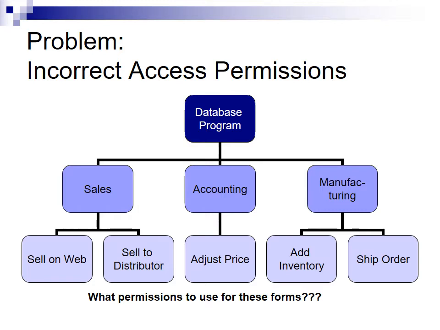So the problem of incorrect access permissions. We have a database program and behind that we have sales and manufacturing accounts. We should know very clearly what permissions are used for what forms.